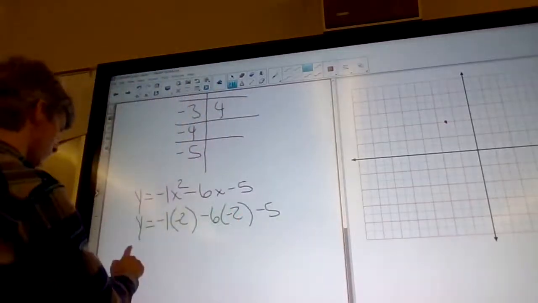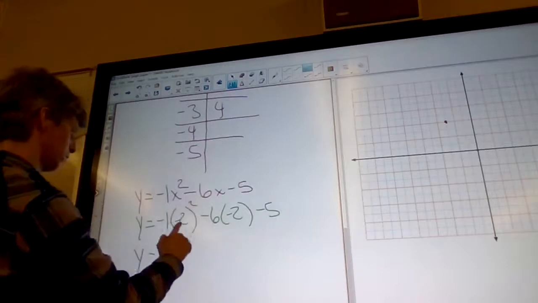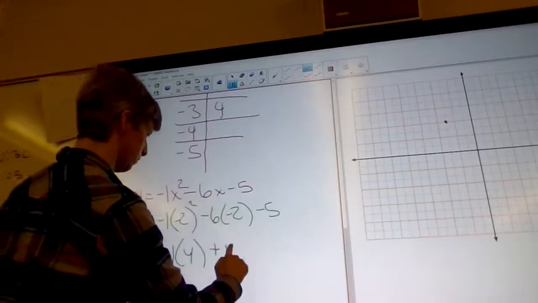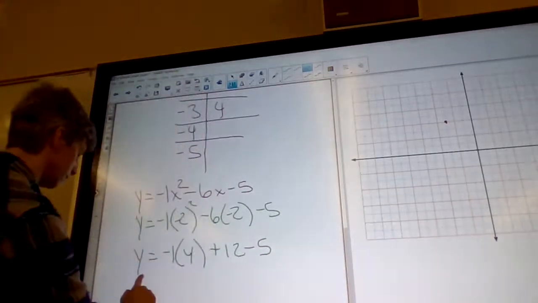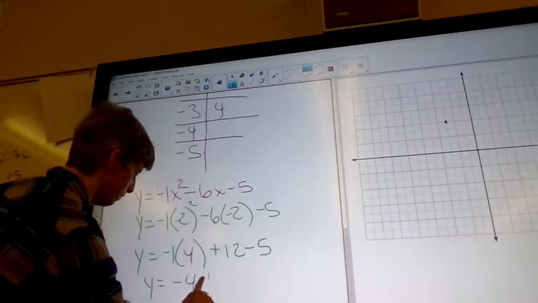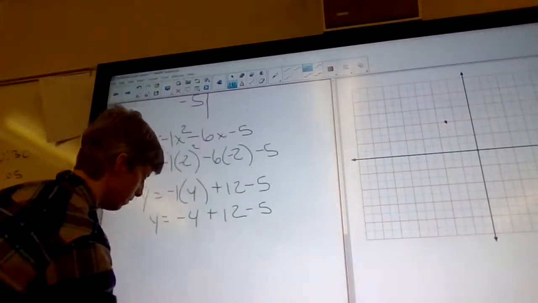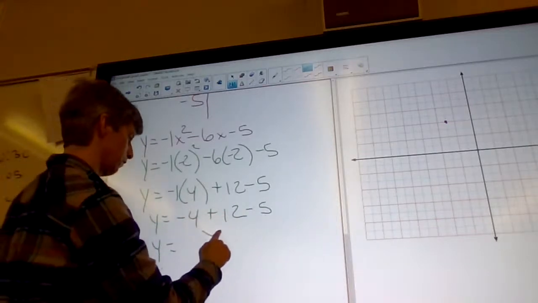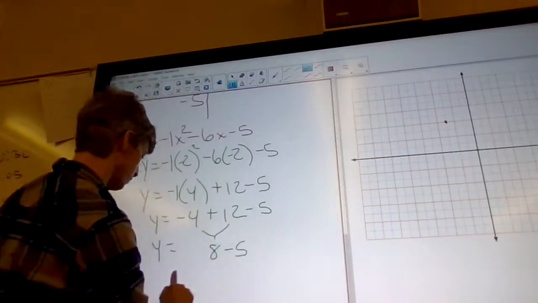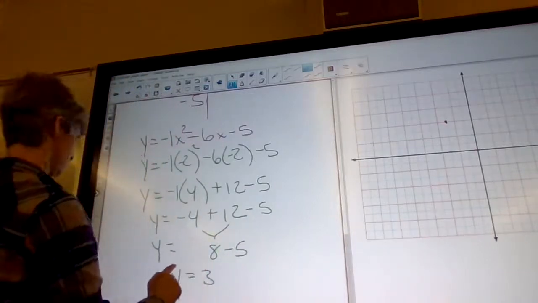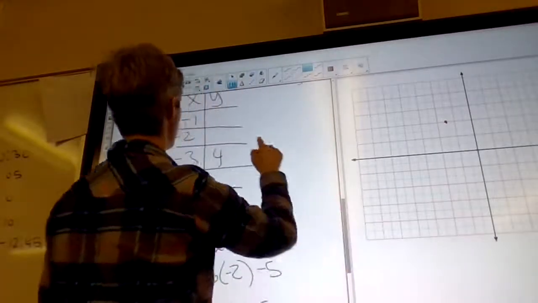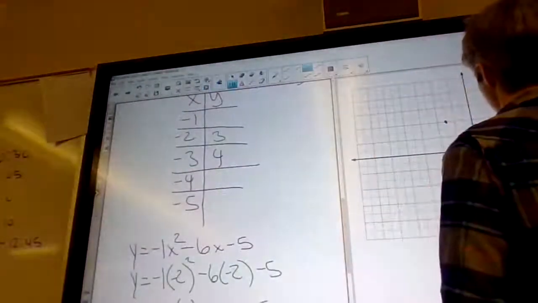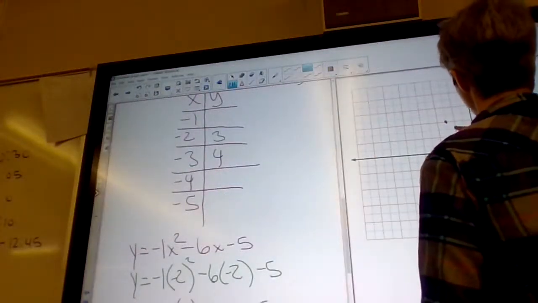Negative 2 squared is 4. Negative 6 times negative 2 is a positive 12. Negative 1 times 4 is negative 4. Copy down the rest, going left to right. Negative 4 plus 12 is positive 8. 8 minus 5, so my y coordinate is 3. Back up here in my table, this is going to be a 3. So I can plot the point negative 2, 3. That's going to be right here.